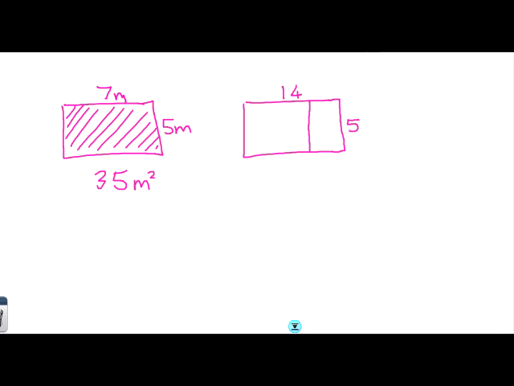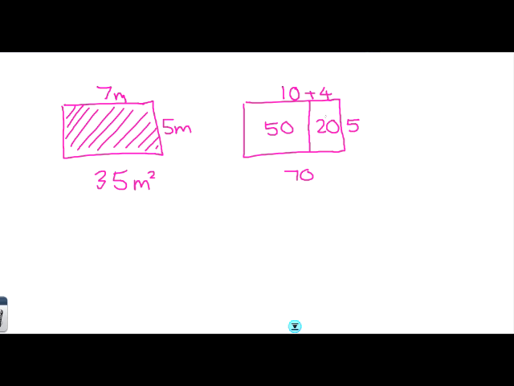Let's change this 14 slightly to 10 and 4, because I know these two times tables very well. So 4 times 5 is 20, and 10 times 5 is 50, and we add these areas together to make 70. So 14 times 5 is 70.